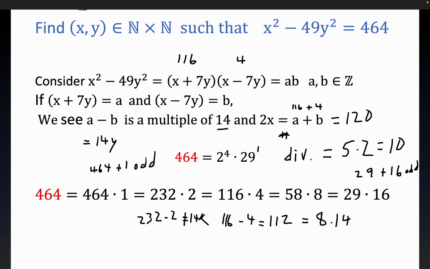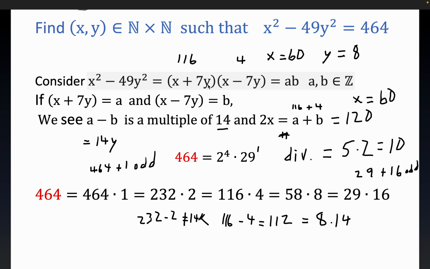And that tells you that x is equal to 60, right? So you can see pretty quickly that x is equal to 60. And just by substituting, you see that y is equal to 8.